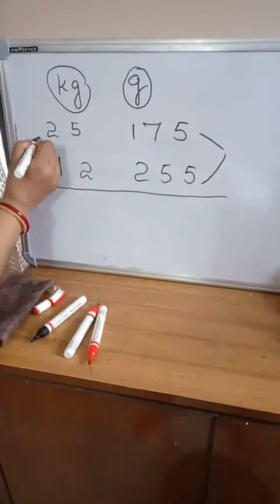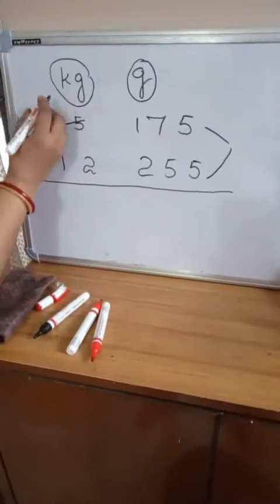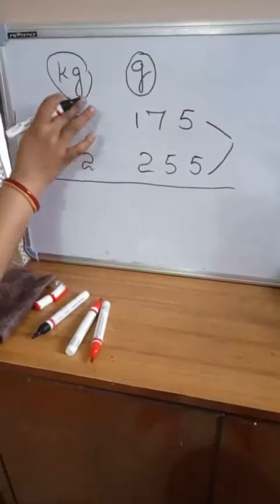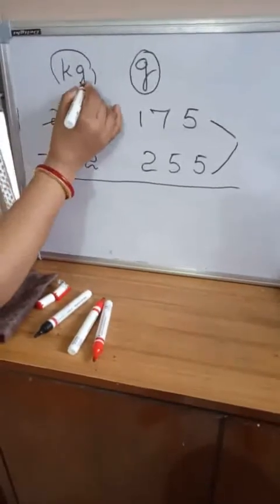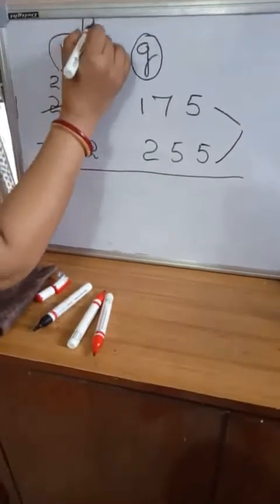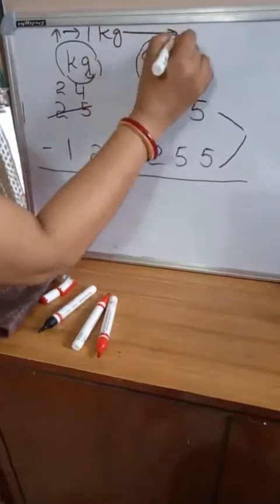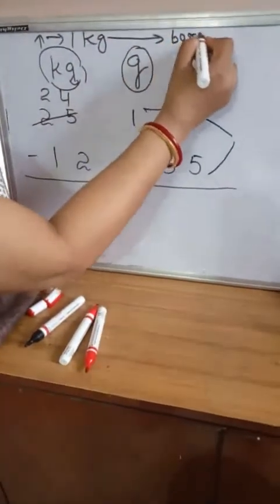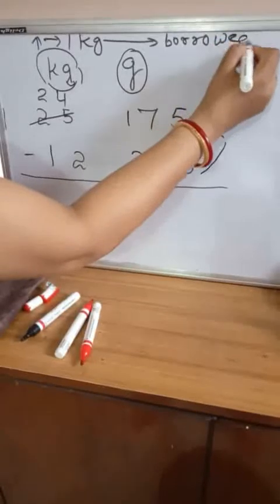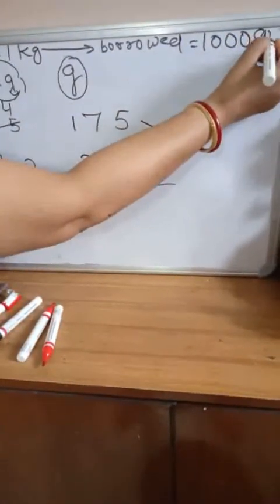So I borrow 1 kilogram from 25 kilogram, which becomes 24 kilogram. This 1 kilogram has 1000 gram.